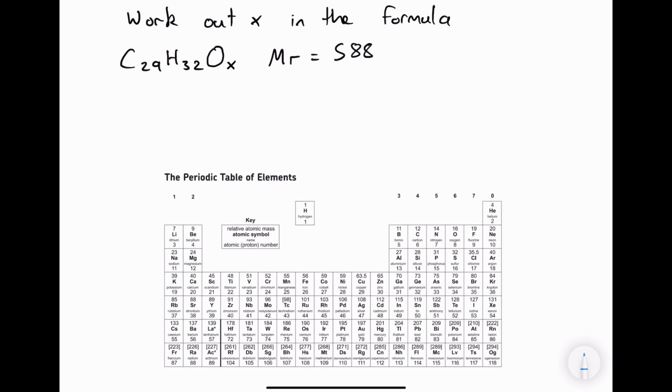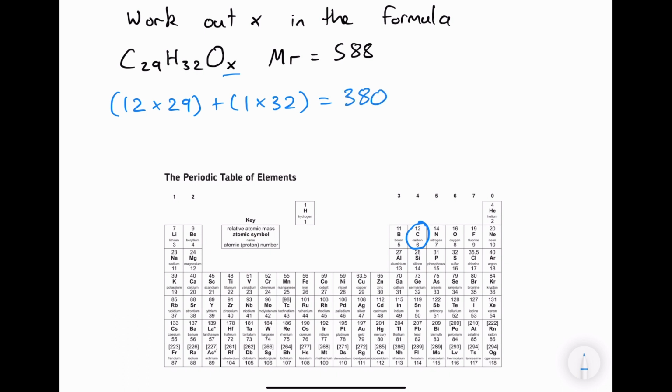Here's another kind of question you could be asked. To work out x in the formula, and it's a missing number instead of the identity of an element. So what we would need to do here is multiply 12, which is the Ar of carbon, by 29. And we would need to add this to 1, which is the Ar of hydrogen, multiplied by 32. And this would give us a total of 380.